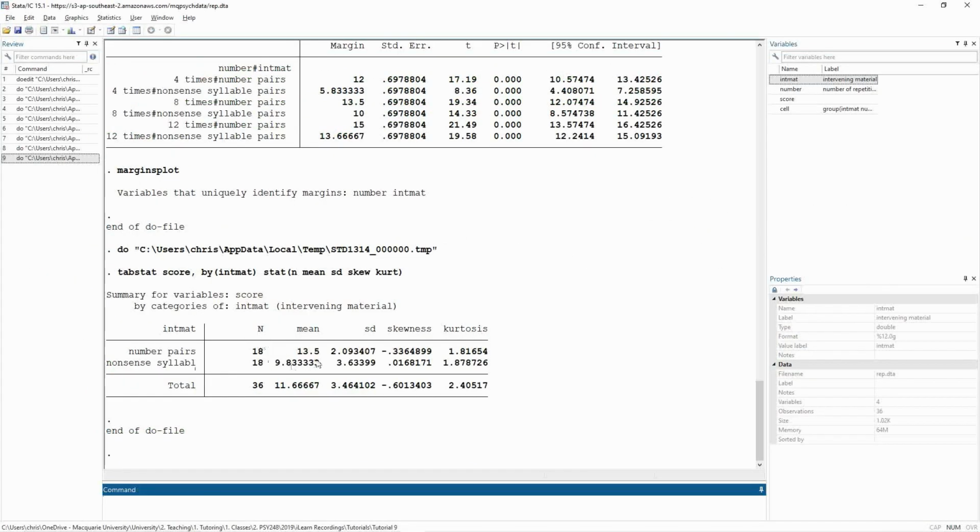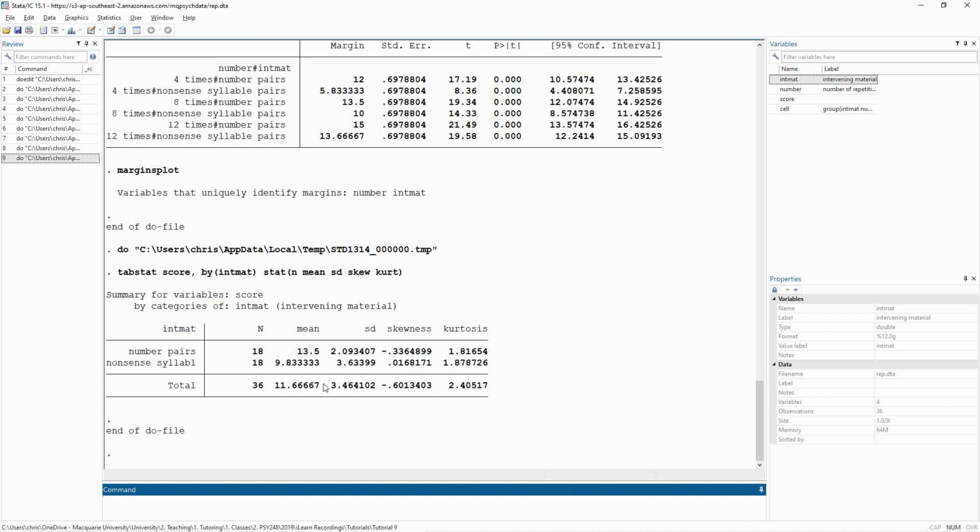And now I can see that the mean retention, the number of syllable pairs remembered, if you had number pairs as your intervening material, was 13.5. So people who saw number pairs, on average, could remember about 13.5 syllable pairs. If you saw nonsense syllables as the intervening material, you could only remember 9.3.